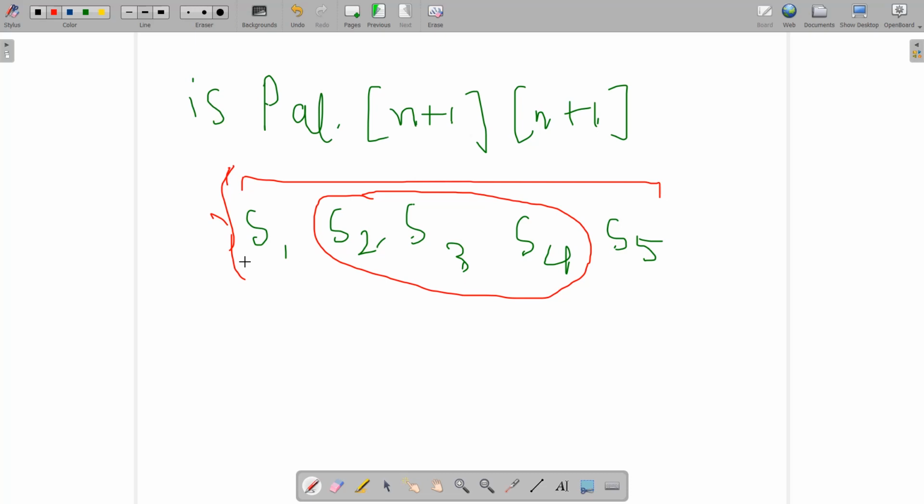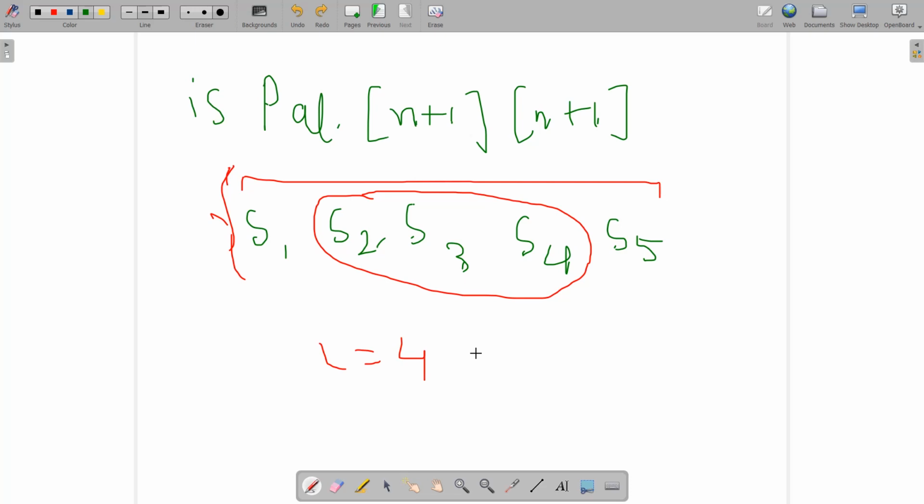If I talk about length equal to 4, then I will go for every substring of length 4. For claiming that a length 4 substring is a palindrome, I will say that s1 to s4 is a palindrome if and only if s1 and s4 are the same, and is pal of 2 and 3, the inner substring, must be a palindrome.